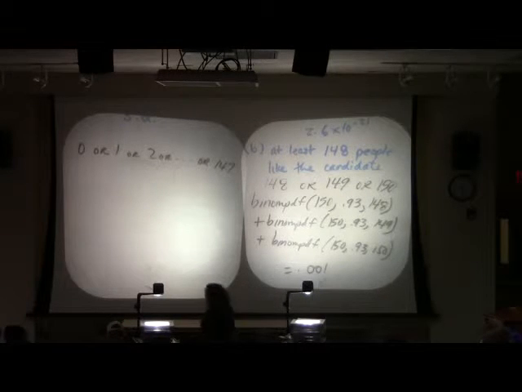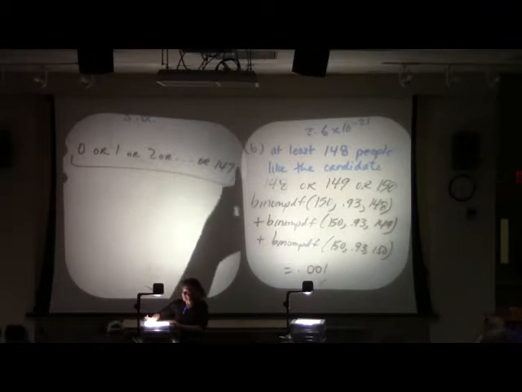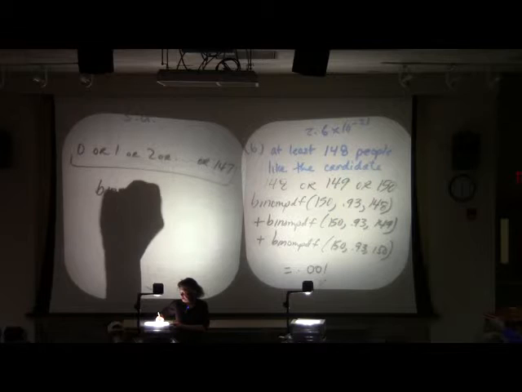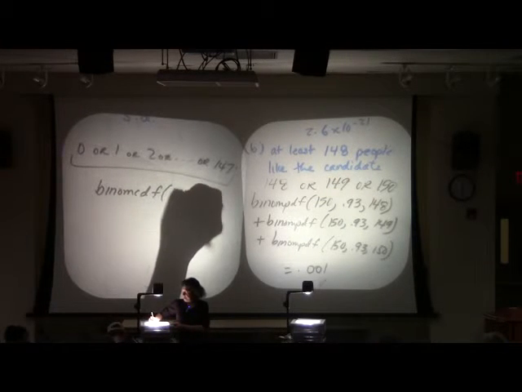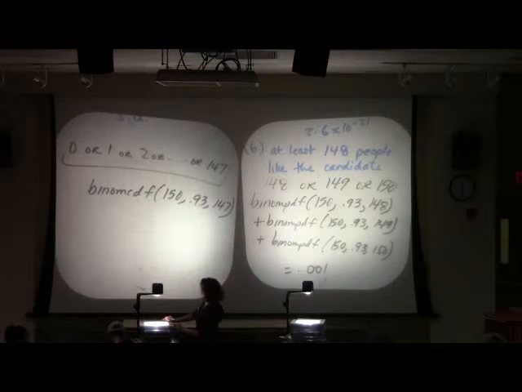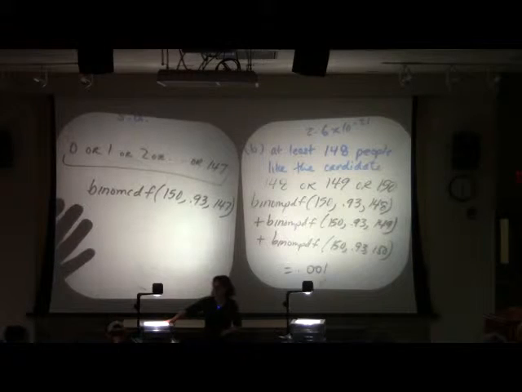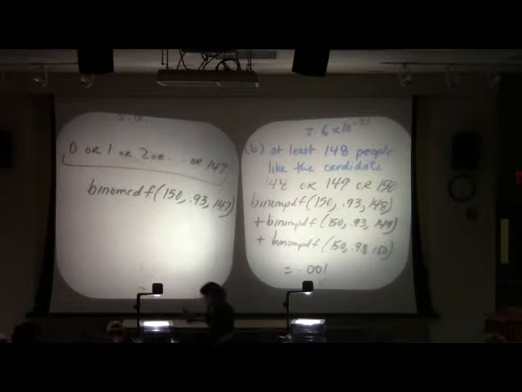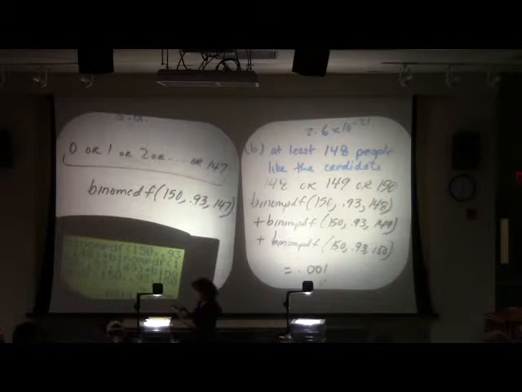Okay? I claim that we can find this probability with just one calculator move, can't we? Right? Isn't this where we would use our binomial CDF? Binomial CDF N, P, and then my x would be 147. Now, is this going to give me the answer to my original question? No. This is going to give me the probability of the complement. But, let's find it first, and then I'll talk about the but.